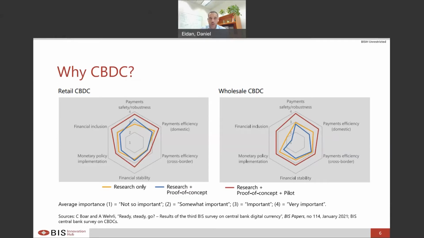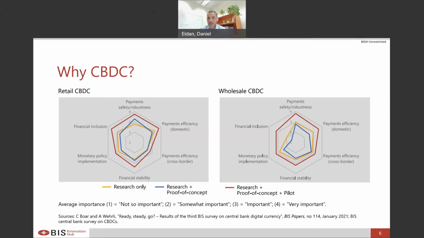So maybe reading from the top clockwise: payment safety and robustness of payment infrastructure, efficiencies in payments, both in a domestic context and in a cross-border context, a general mandate of financial stability that central banks have within their own jurisdictions, the implementation of monetary policy, and last but not least, the notion of financial inclusion.